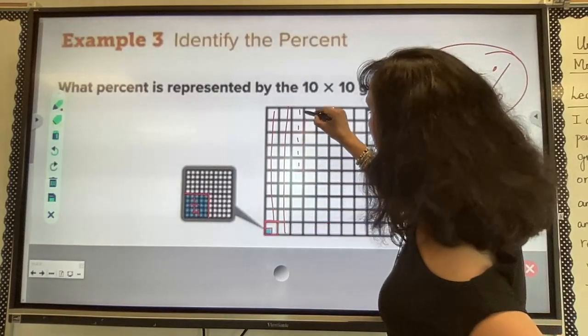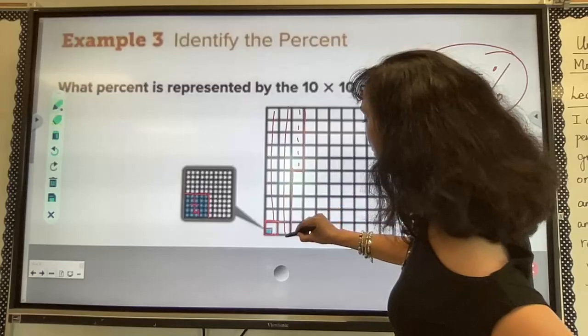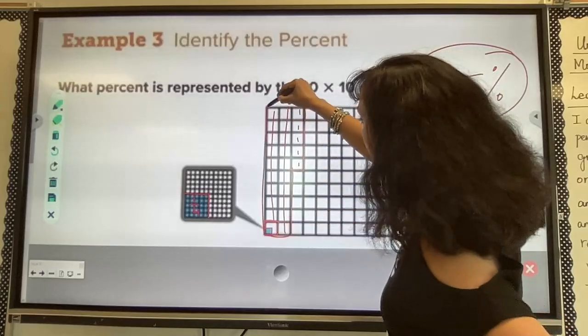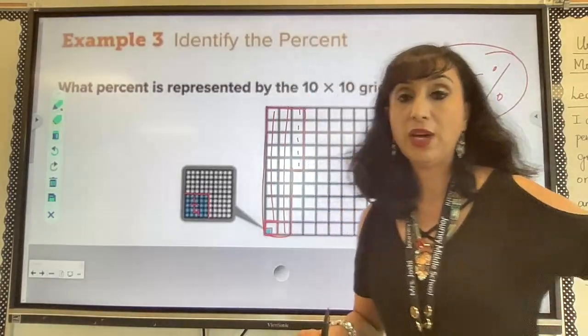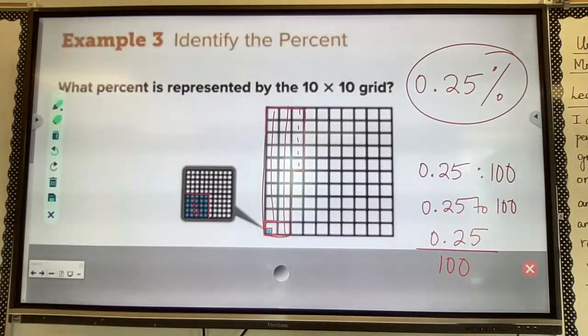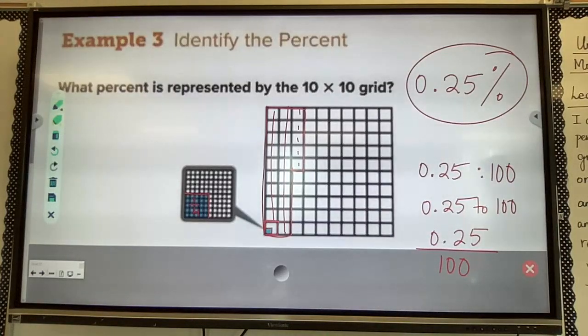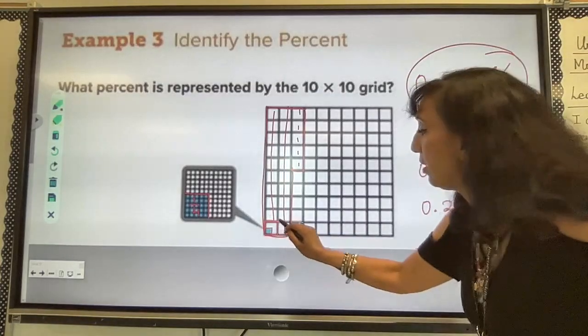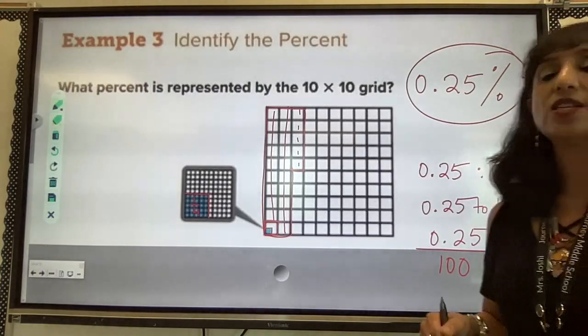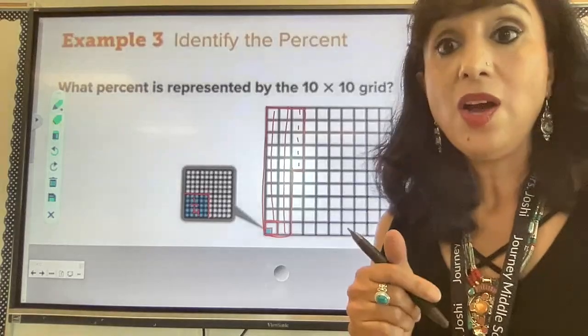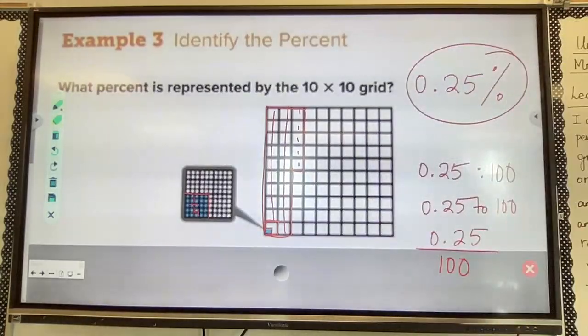So this much colored in, this whole amount would have been colored in, okay, if it was 25%. But it is definitely not 25% because only 25/100th of one of the squares is colored in. Since less than 1 grid square is shaded, the percent modeled is going to be less than 1. Okay, so less than 1.